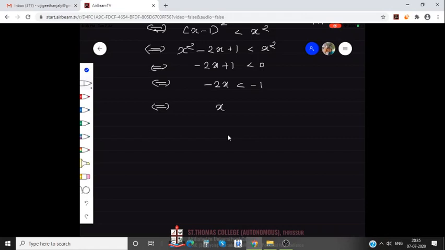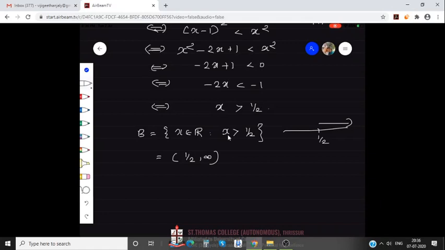So we will get x is greater than 1 by 2. So the set B is nothing but the set of all x in R where x is greater than 1 by 2. So here you have 1 by 2, x should be here. So this is nothing but the open interval 1 by 2, infinity. So this is your set B.